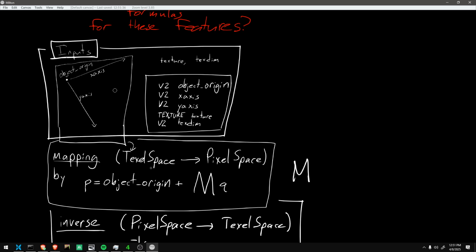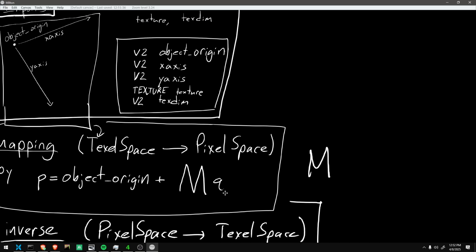It was from a UV space, from 0 to 1 and from 0 to 1. But in order to do the clamping correctly, I actually need to put it in texel space.